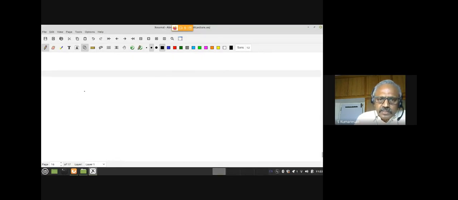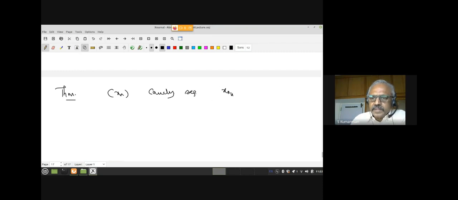So the question I want, this is again a standard theorem in analysis. What it says is, suppose xn is a Cauchy sequence, and suppose x_nk is a subsequence, and assume x_nk converges to x.